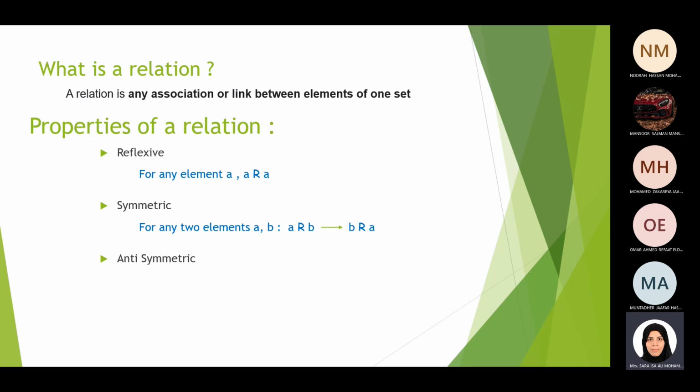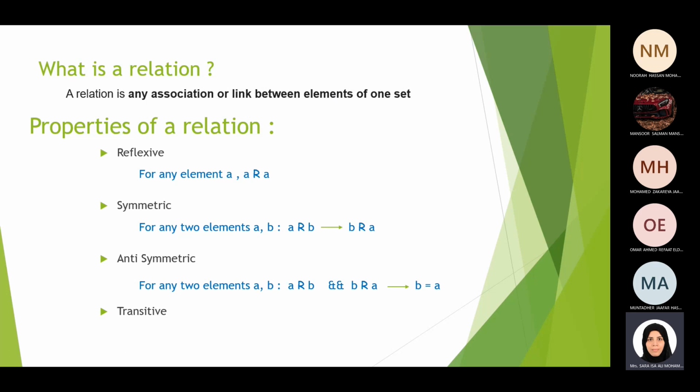Antisymmetric means if A related to B and B related to A, both in my relation, يعني it is symmetric, we can conclude that B is equal to A. If we find that A related to B, B related to A, but A and B are not equal, that means it is not antisymmetric.